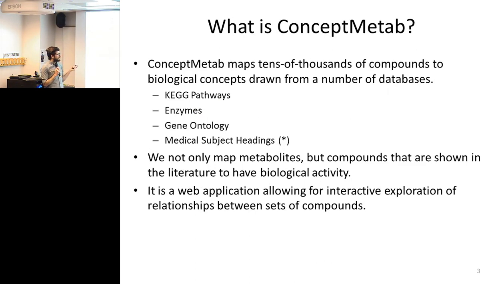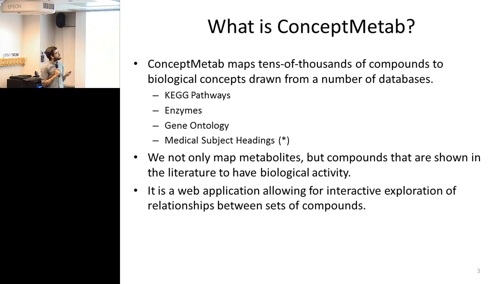So in addition to mapping metabolites, we also map compounds that are shown in the literature to have biological activity. And from your perspective, it's a web application that you can use to explore the relationships between the sets of compounds that we've annotated.